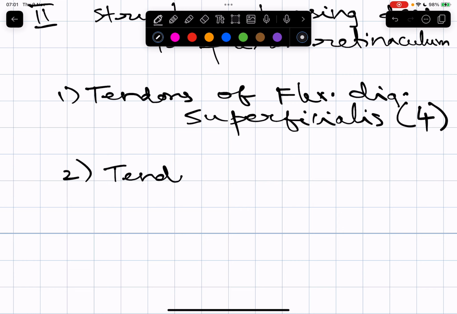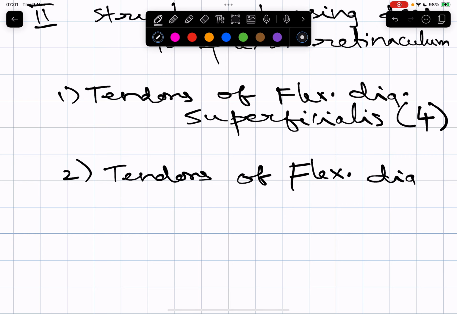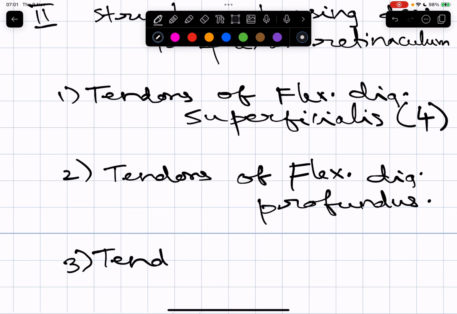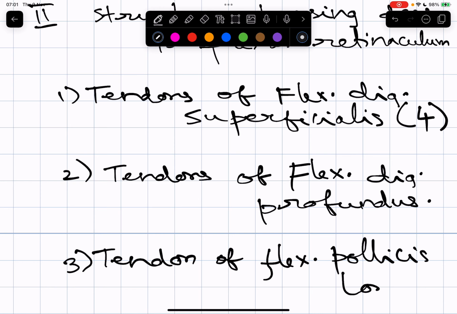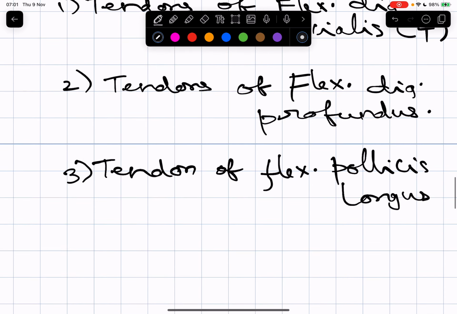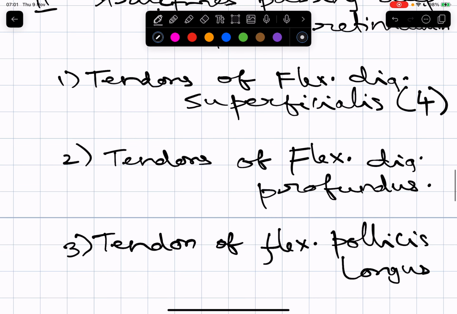And also we have the tendons of the flexor digitorum profundus. All right. Further, we have the tendon of the flexor pollicis longus. And then remember, all these tendons would be covered by synovial sheaths.